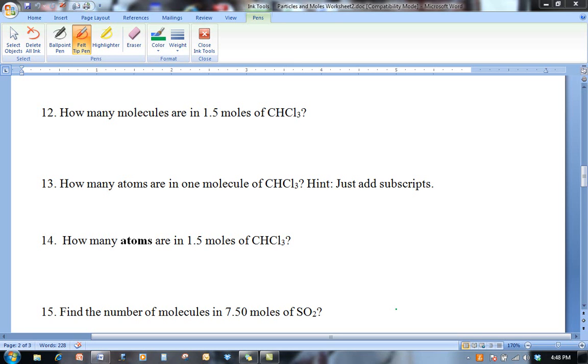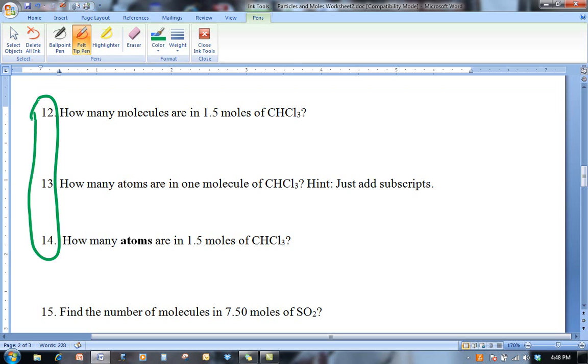So numbers 12 and 13 and 14, these are all going to go together. So let's run through these first. Number 12 says how many molecules are in 1.5 moles of CHCl3.